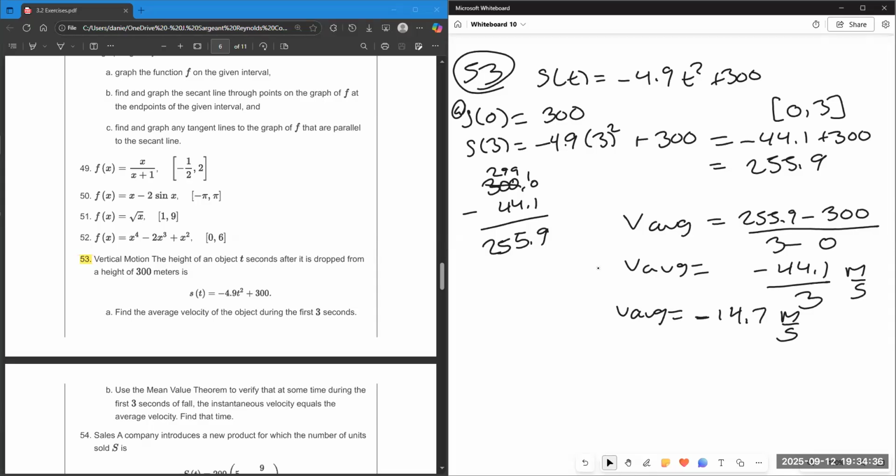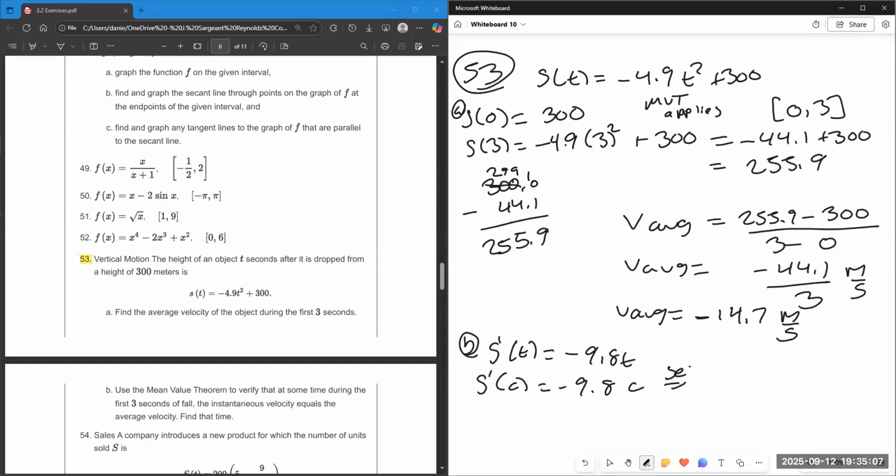Part B says use the mean value theorem, which applies here because this is a polynomial, to prove that there's some time where the instantaneous rate of change is exactly negative 14.7. So s prime of t is equal to negative 9.8 t. s prime of c is negative 9.8 c.